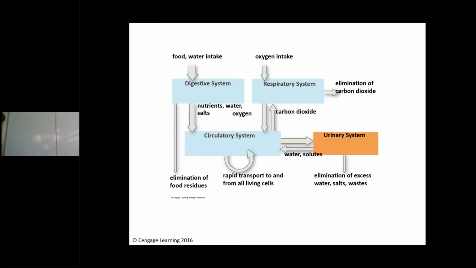Here, this next slide just gives us some information and kind of a graph and a chart to see what's going on with the different products that we're taking into our body, whether it's food or liquid, whether it's oxygen, gases coming into the body, and how the body is handling them.